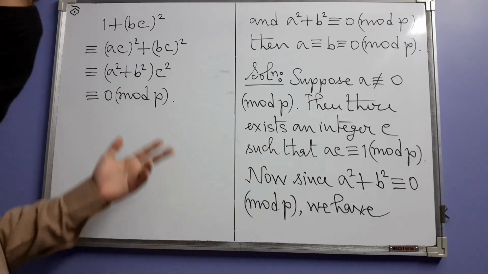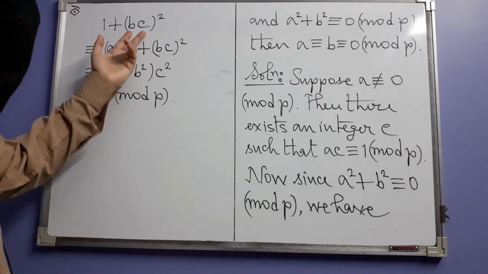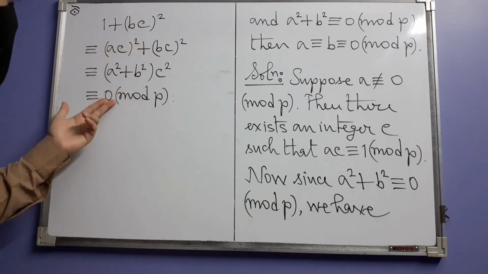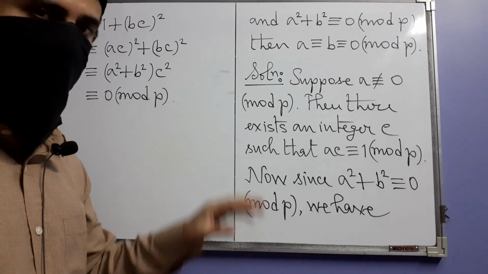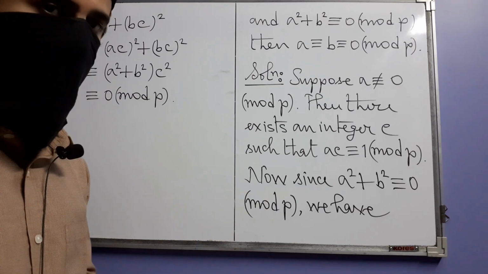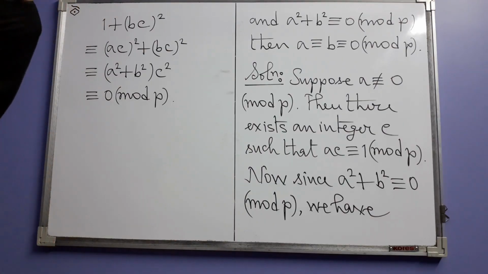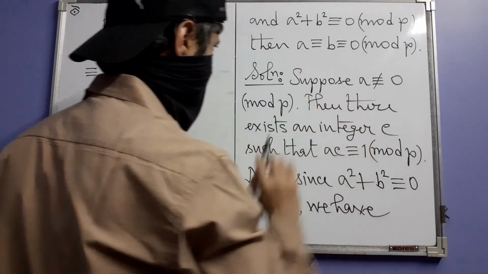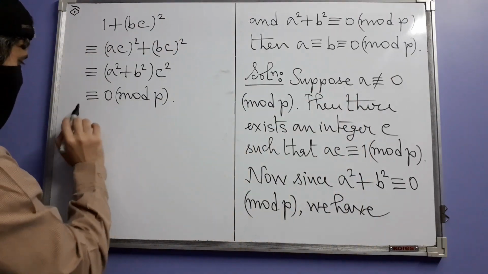Or in other words, there should be no integer whose square if you add 1 should be congruent to 0 mod p, but that is precisely what we are getting here. So that means something has gone wrong. Theorem 5.5 has been contradicted. So what went wrong is actually our supposition, which cannot be true.